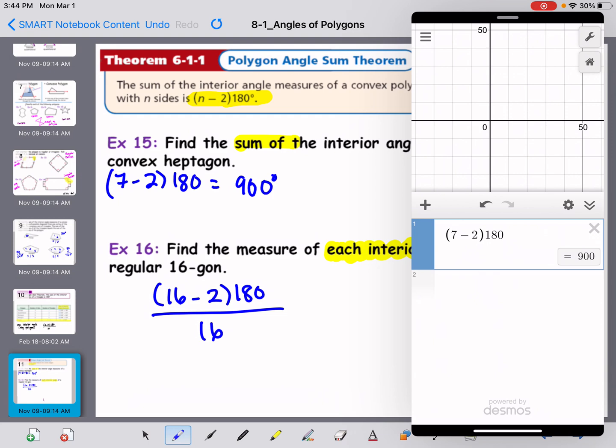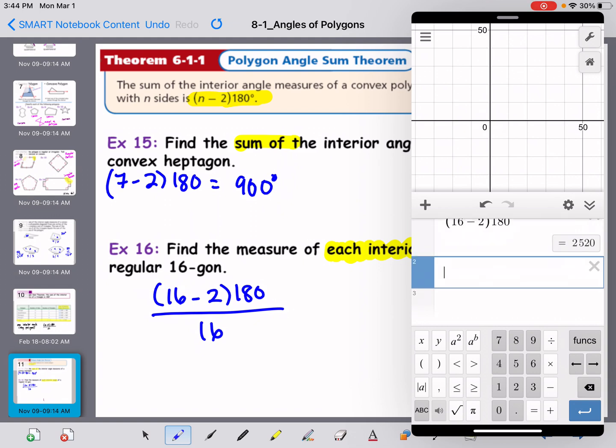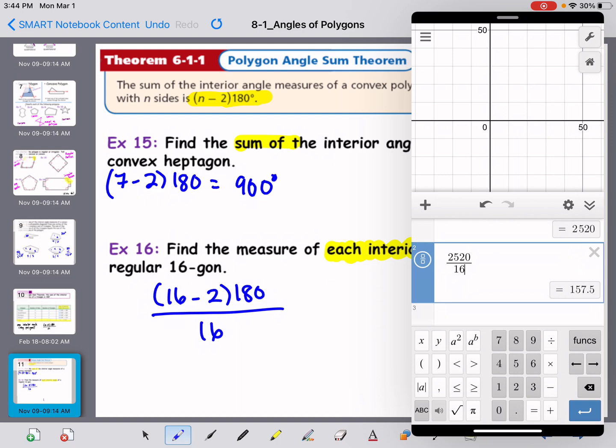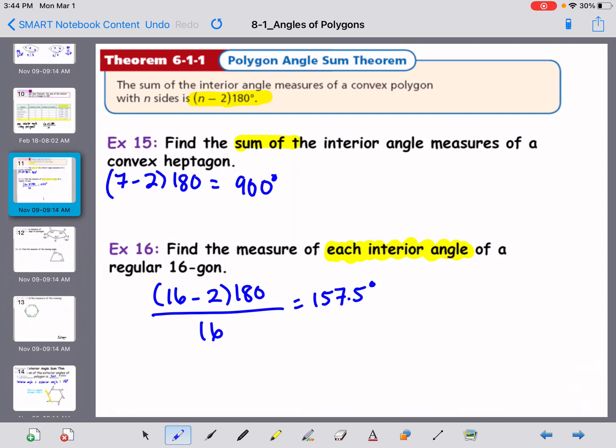I'm going to go back in here, and instead of it being 7 sides, it's going to be 16 sides. And then I'm going to take my answer and divide it by 16. And I get 157.5. So each interior angle of a regular sixteenagon would be 157.5 degrees.